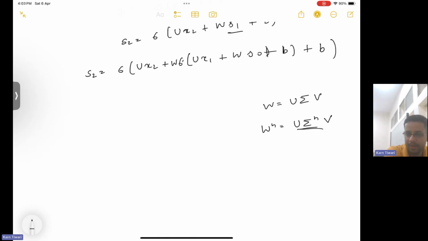With time, it will remain one. But if my diagonal elements are less than one, then as n increases, sigma to the n will tend to zero. If my elements are more than one, then it will explode. That's the vanishing and the exploding gradient.